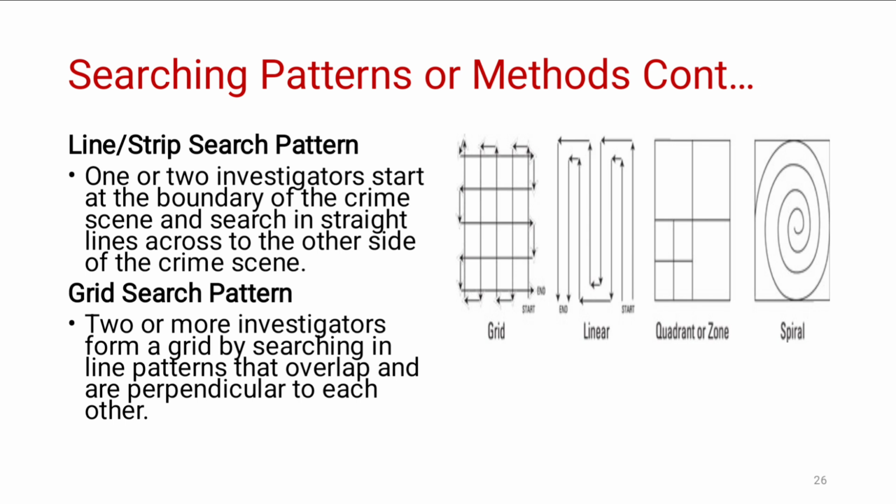This again is illustrating what we have just been talking about. You see the line or the strip search pattern, where one or two investigators start at the boundary of the crime scene and search in straight lines across to the other side. Then the grid approach, where two or more investigators form a grid by searching in line patterns that overlap and are perpendicular to each other where they intersect.